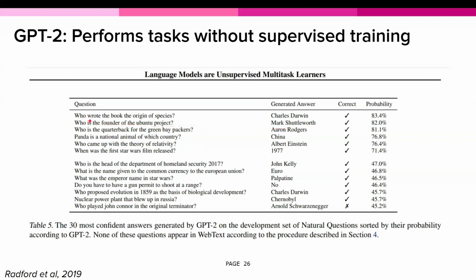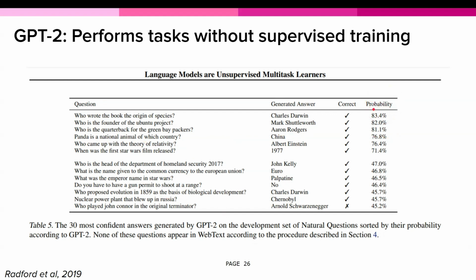For example, when asked who wrote the book The Origin of Species, GPT-2 correctly identified Charles Darwin as the author with a confidence of 83.4%. These questions weren't actually present in the web text corpus and the training data sets that GPT-2 was trained on. But the model still provided an accurate answer with high confidence.